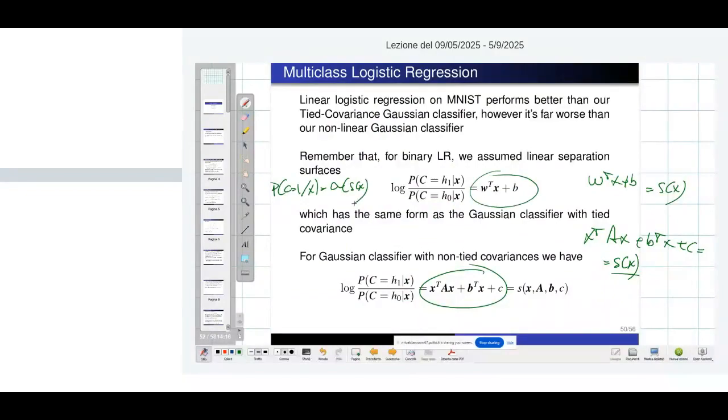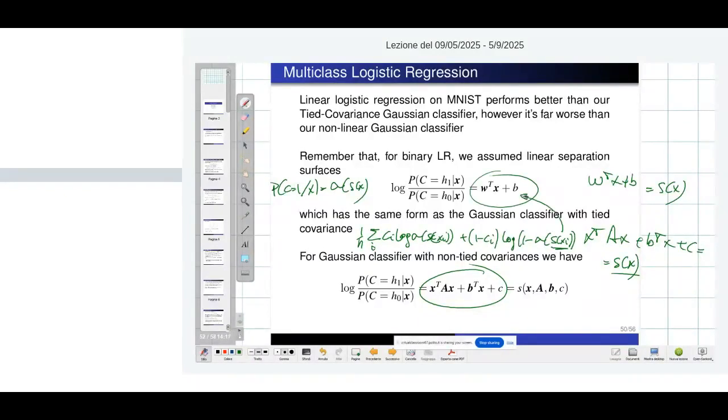Then our log likelihood would be the sum over samples of Ci times the logarithm of the sigmoid of the score for sample Xi, plus 1 minus Ci times the logarithm of 1 minus the sigmoid of the score for Xi.